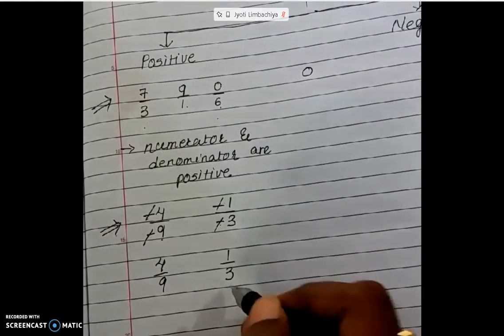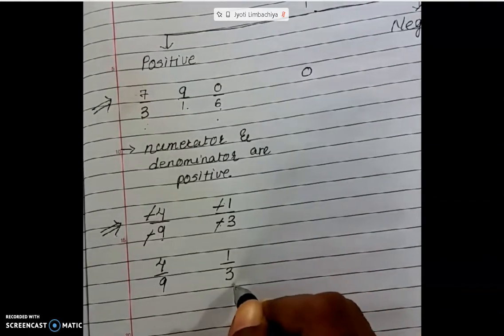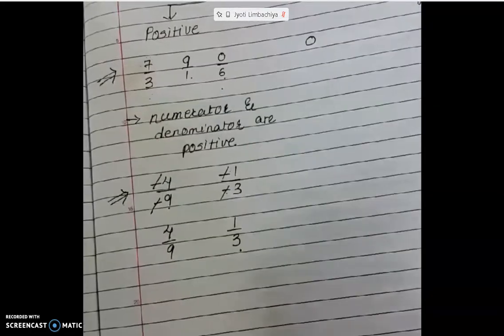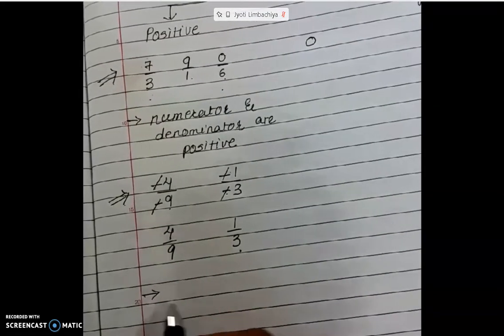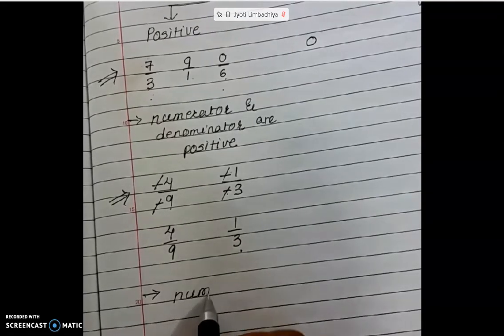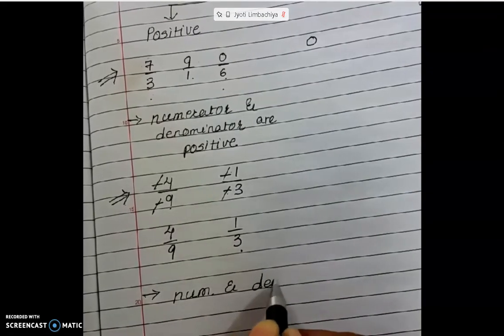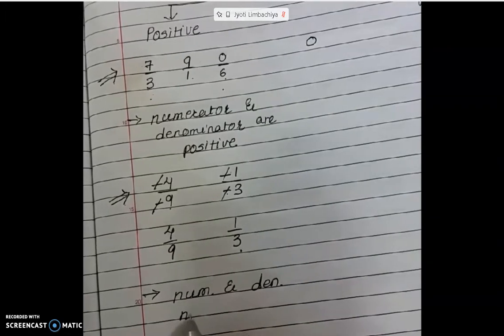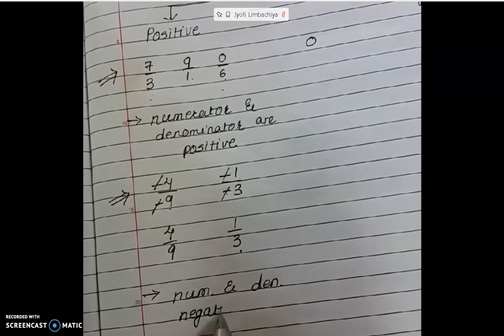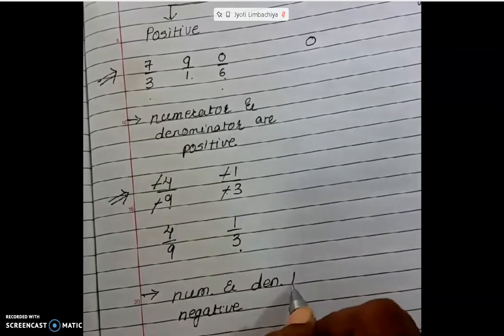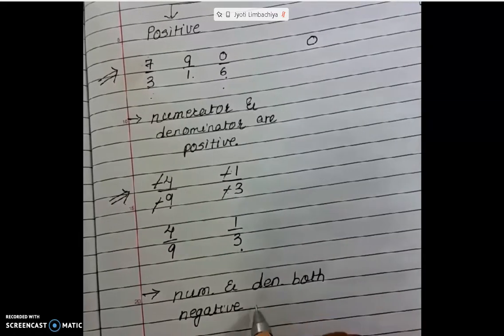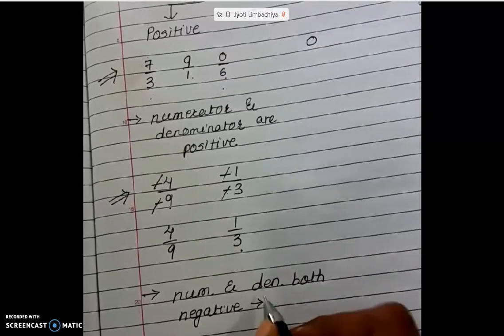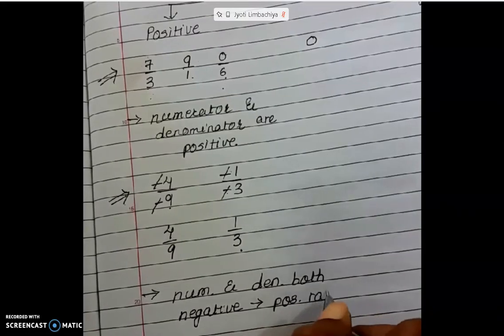So now I have positive rational number. So I can say that numerator and denominator, if both are negative, then also it is called positive rational number. Alright?